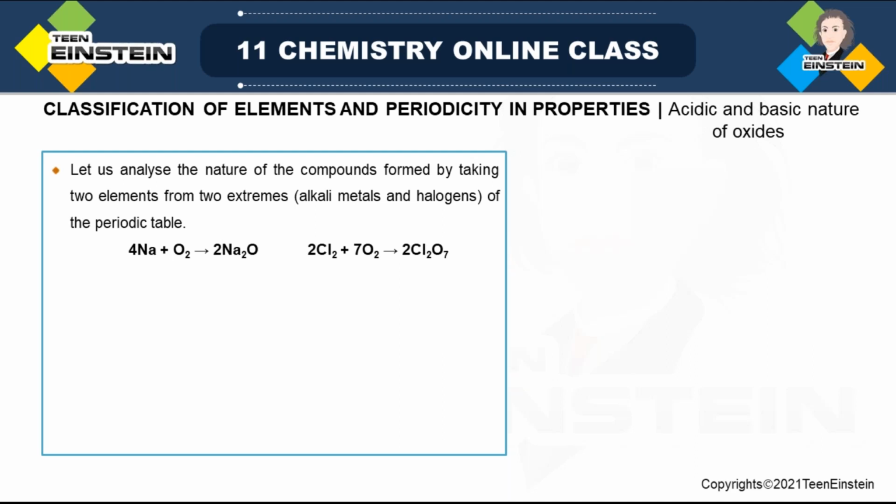As you move down, the metallic nature is very high, but in general all the metals are towards the left-hand side. Non-metallic nature is maximum on the right-hand side, mostly the upper right-hand side, and in between you can expect something not very metallic or not very non-metallic.